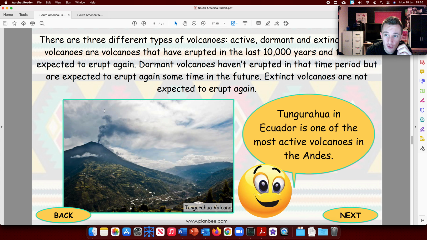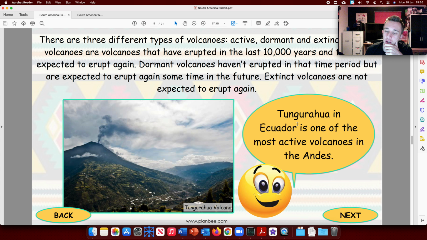Now, the majority of volcanoes tend to be active or dormant, because it's very difficult to say that a volcano is extinct, because we just don't know for certain that it is never going to erupt again. So most volcanoes are classed as either active or dormant. Some are classed as extinct.